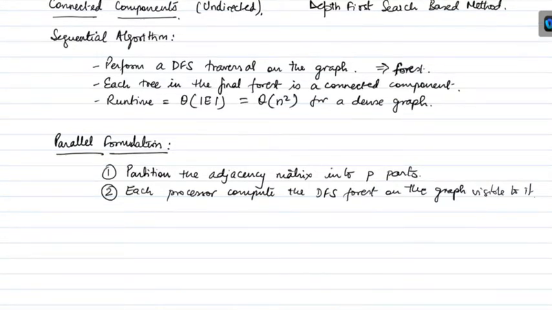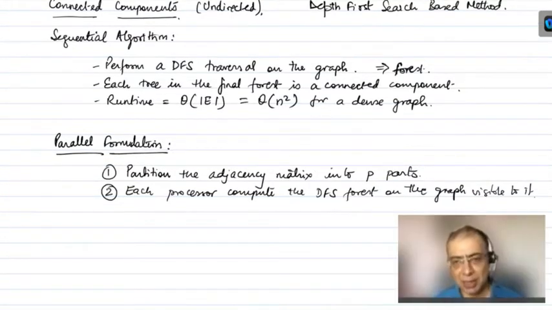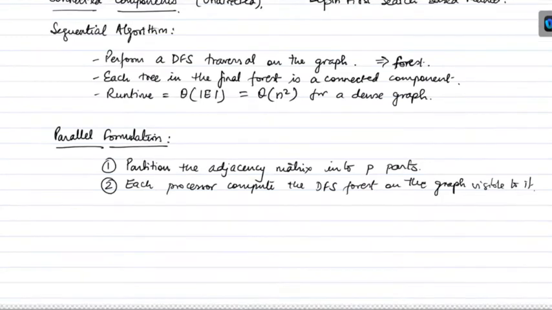We'll go through an example to understand this better, but the problem is that the same connected component may not be completely visible to one processor. So different processors may be seeing different parts of the same connected component, and they may not have the full view of the connected component, right?